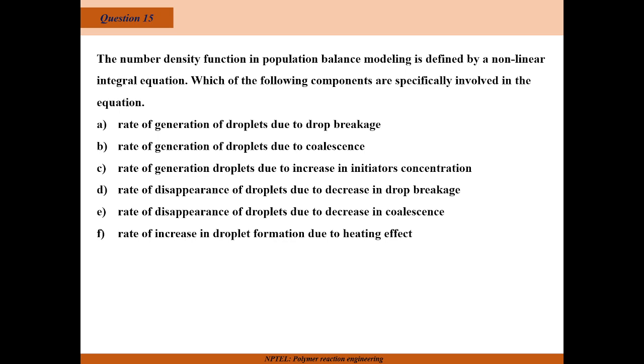Just read through the question once again. There are multiple parts for this number density function in population balance. So what are the factors that it is dependent upon?